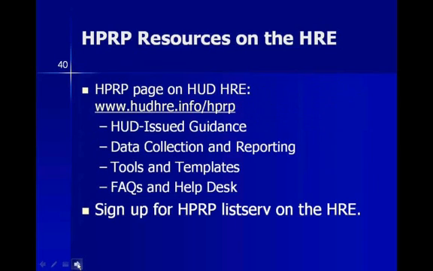Also on the HRE, there are a couple of different tabs. If you go underneath and click on Homelessness Prevention, the HPRP program, you'll see that there's a tab with HUD-issued guidance. This contains all the official HUD guidance and information related to HPRP, so the program notice, eligibility determination and documentation requirements, grantee contact info, different things. There's a tab for data collection and reporting.